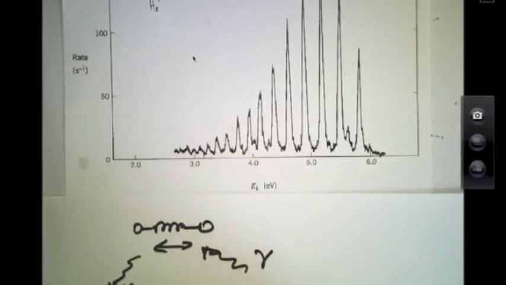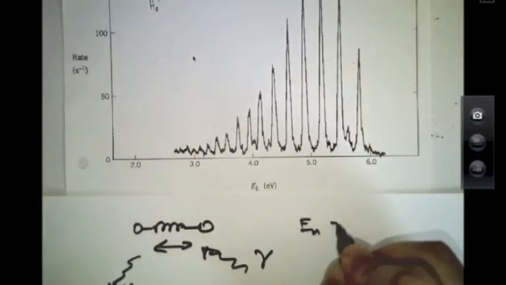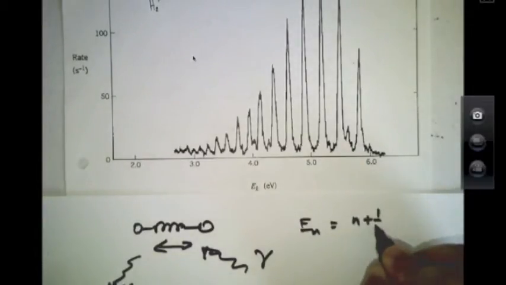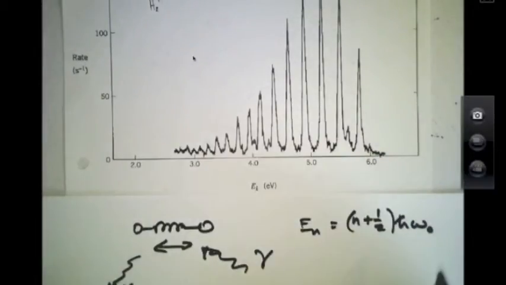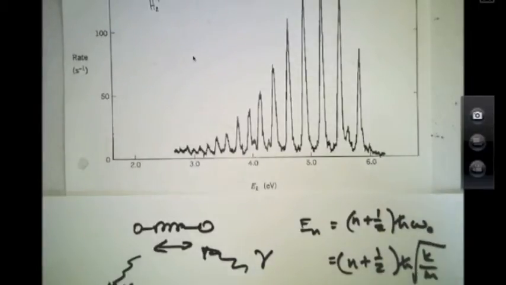One can even use that information then to gain some information about the molecular bonds. Since the energies of those bonds go like 1/2 h bar omega naught, and that has the spring constant in it as well as the mass of the particles in the bond, you can also use this to gain some information about the mass of the thing in the bond.